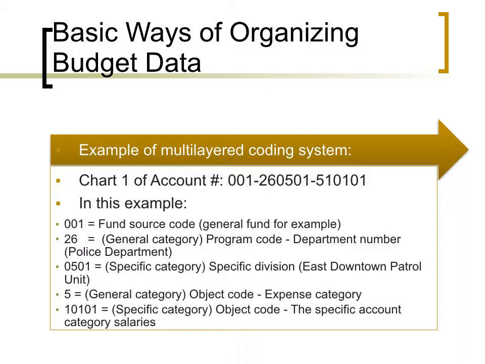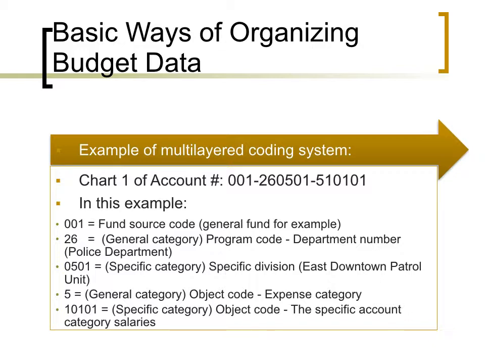Starting in the second set of numbers, I have 260501. The 26 in my situation stands for a program code, and this program code is the department number for the police department. So going back to the number, we have 001, 26: this is the general fund, and department 26 within the general fund, which is the police department.